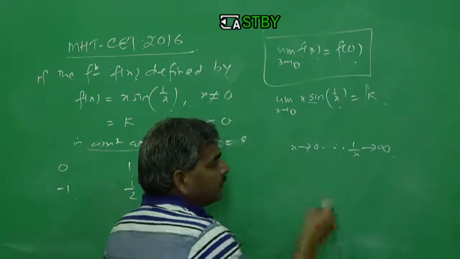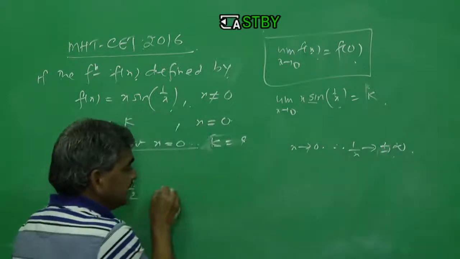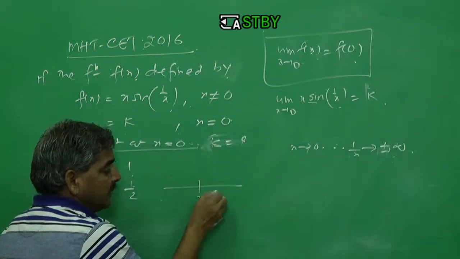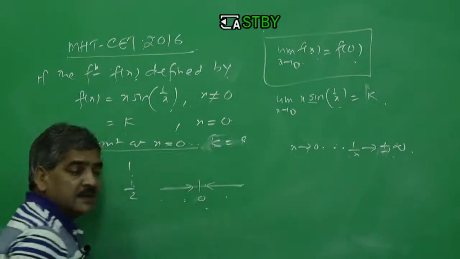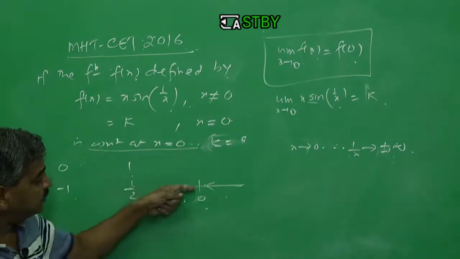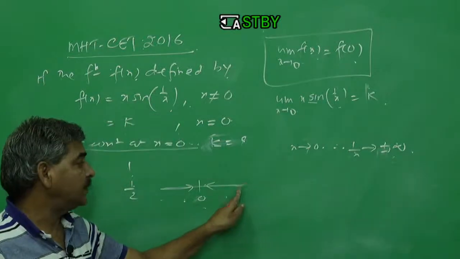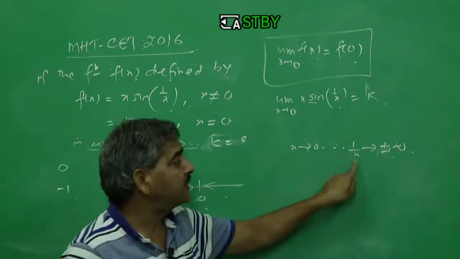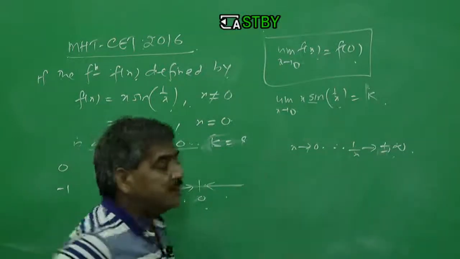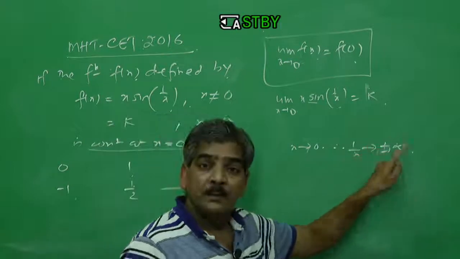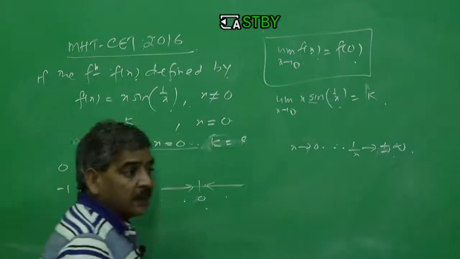Suppose this is a real line, here is 0. x can approach 0 from this direction or from this direction. If x approaches 0 from this direction, then 1 by x tends to minus infinity. If x approaches from this direction, then 1 by x tends to plus infinity. So as x tends to 0, 1 upon x tends to plus or minus infinity.